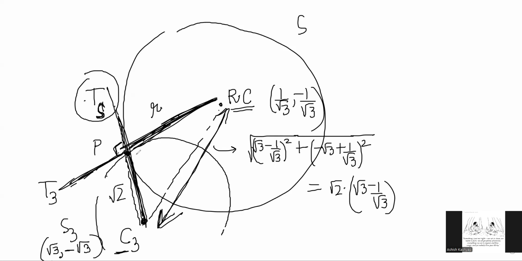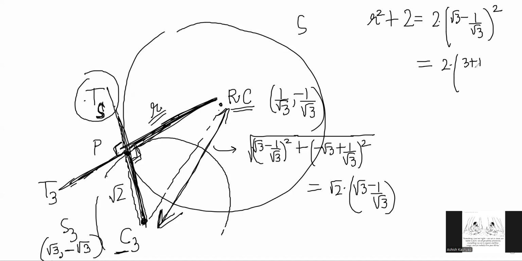So now by Pythagoras theorem, we can find out the r, right? We can say r squared plus 2 is equal to the square of this. So that is 2 times root 3 minus 1 by root 3 whole square. So that becomes 2 times 3 plus 1 by 3 minus 2. So this is becoming 10 by 3 minus 2, which is actually 4 by 3.